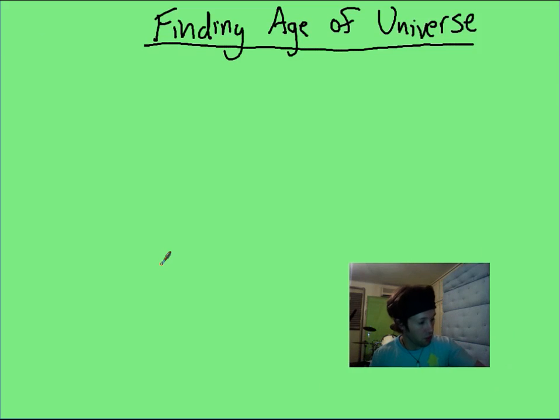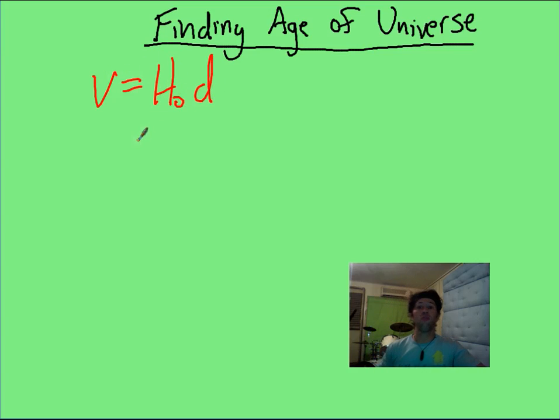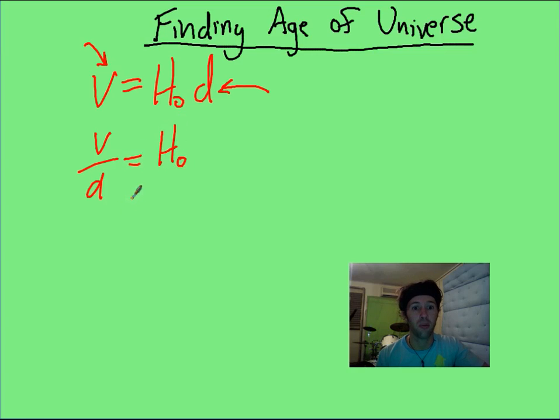Based on that equation, which we have from our graph before, we can make a calculation of how old the universe might be. So let's say that we have the most distant galaxy that we can see with the most powerful telescope. That is going to be the farthest value d possible, and it's been traveling at the very high speed v away from us. If we rearrange this and set velocity over distance equal to Hubble's constant, we know from basic physics that velocity is distance over time.